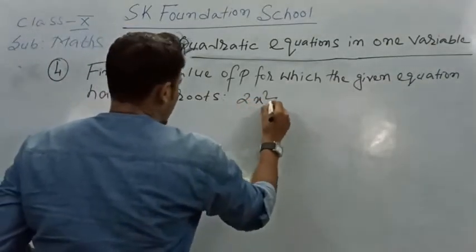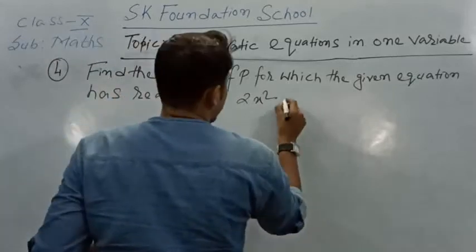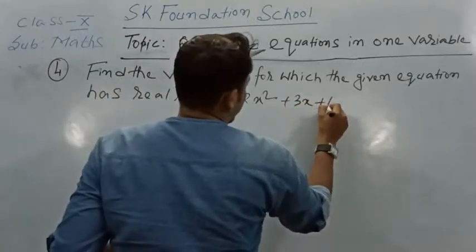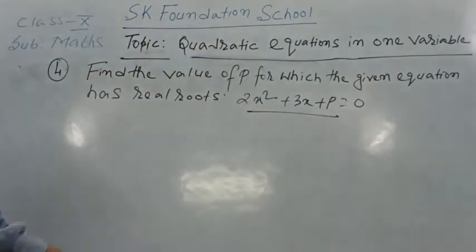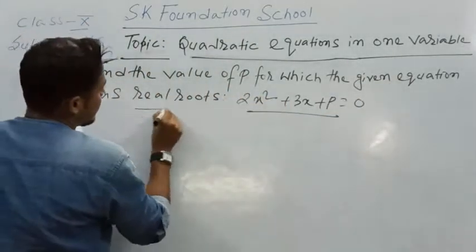The equation is given: 2x square plus 3x plus p equals to 0. This is our equation, and the condition is given, the equation has real roots.